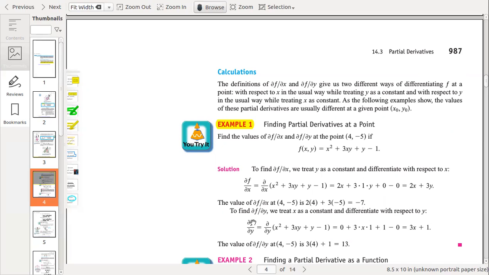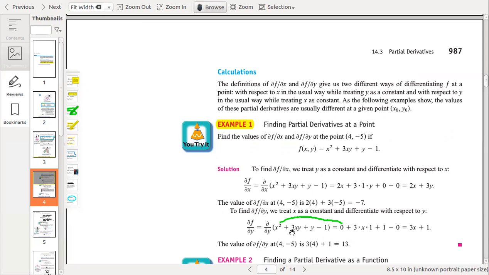Similarly, to find the partial derivative with respect to y, we will differentiate this function with respect to y. Here x will be treated as a constant. Since x is a constant, we will get the value of this term as 0.